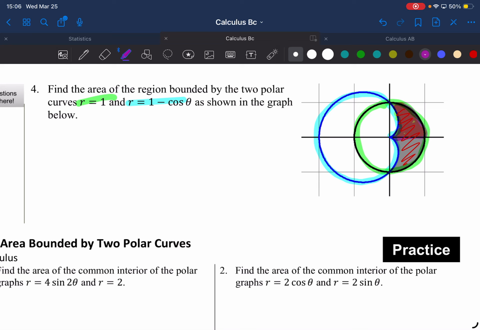Okay. So first thing I'm going to do to find my bounds is I'm going to set the equations equal to each other. So again, you would do this on Desmos. So 1 is equal to 1 minus cosine theta. This gives me that theta is equal to pi halves. Okay, that is this intersection here.